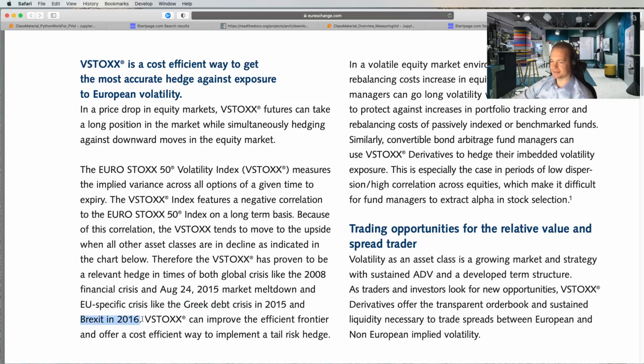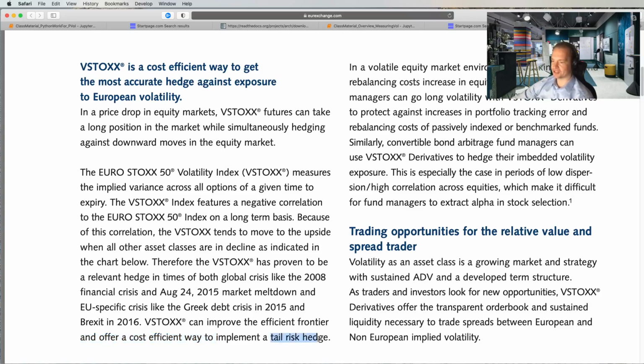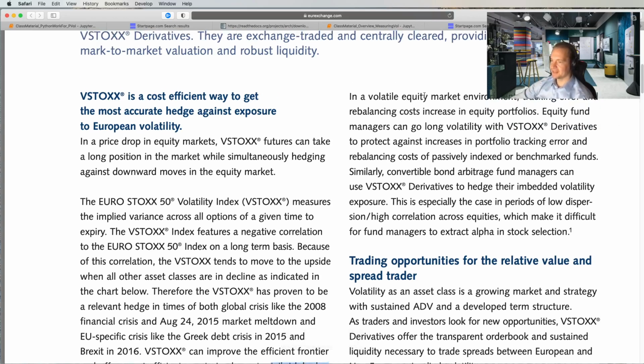Brexit, of course. VSTOXX can improve the efficient frontier and offer a cost-efficient way to implement a tail risk hedge. In a volatile equity market environment, tracking error and rebalancing costs increase in equity portfolios. Equity fund managers can go long volatility with VSTOXX derivatives to protect against increases in portfolio tracking error and rebalancing costs of passively indexed funds.